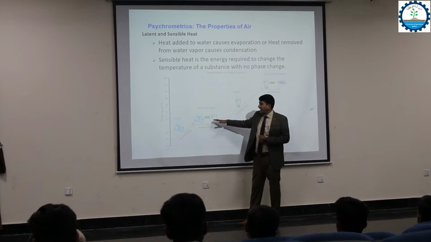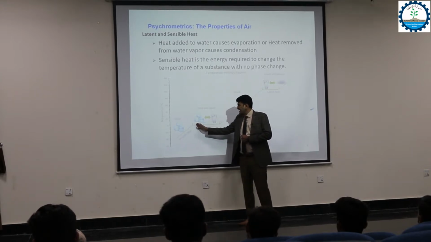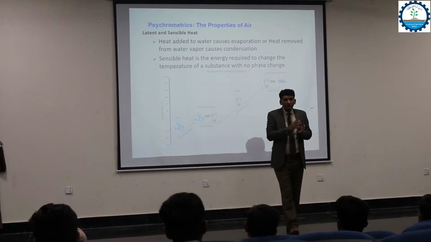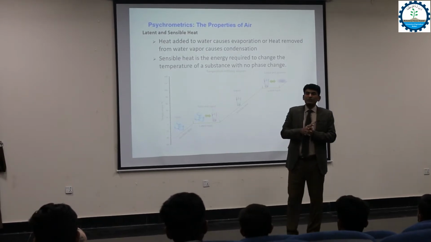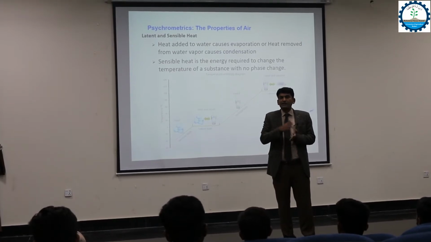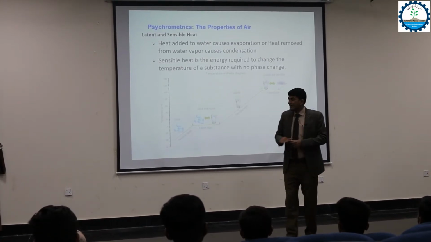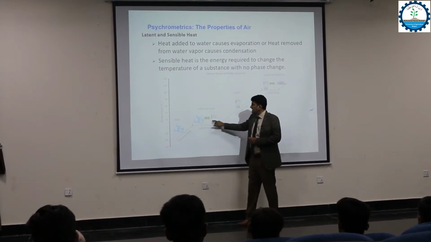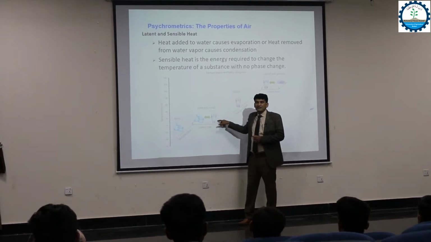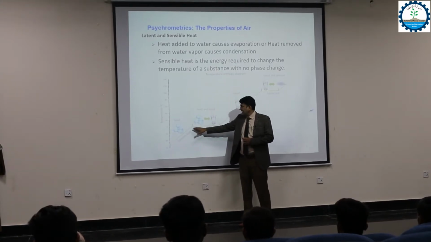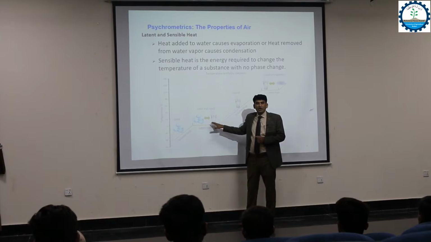The reason is that all the heat is being utilized in converting ice into water, solid into liquid. So here is the phase change phenomenon. This horizontal line shows that a phase change occurred, which converts ice into liquid water.